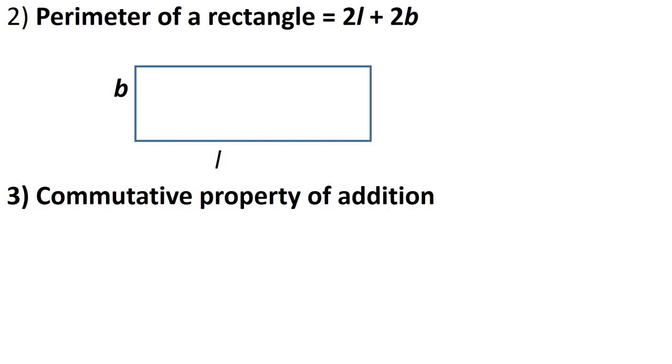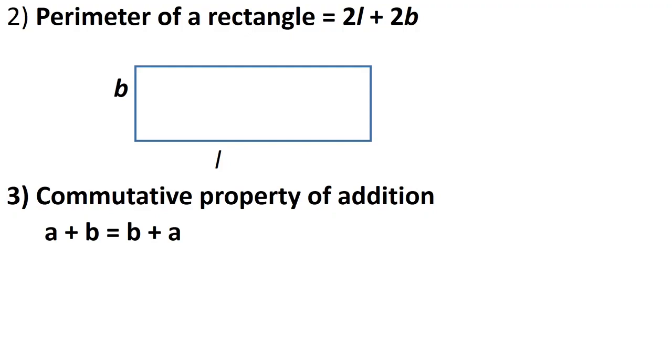2L plus 2B. Next is commutative property of addition. This you have done in the whole number chapter also, that is chapter number 2. What is commutative property? Commutative property is A plus B equal to B plus A. Now here A and B, these both are variables and they can hold any number, any value.